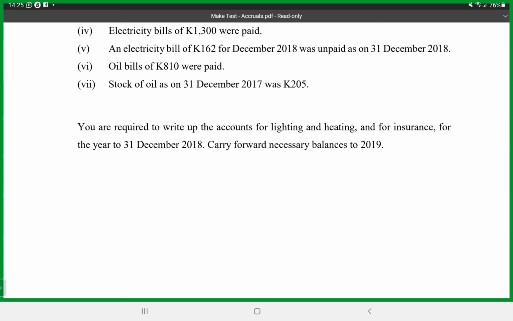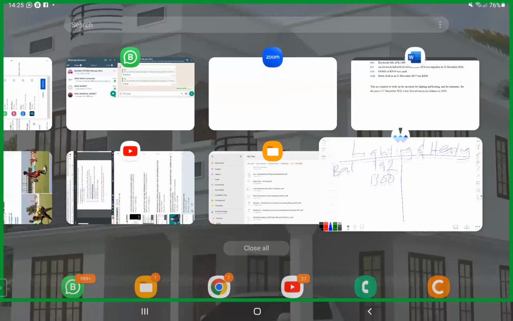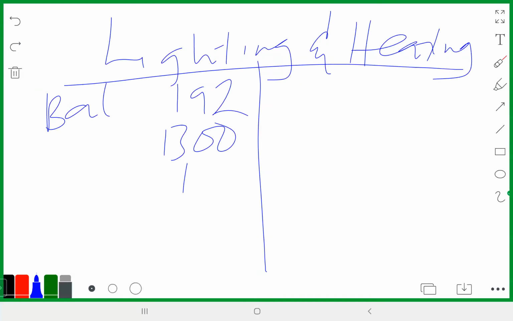So now that we have an accrued expense, we will make a debit entry of 162 to this account of ours, because electricity is relating to lighting and heating still. 162.